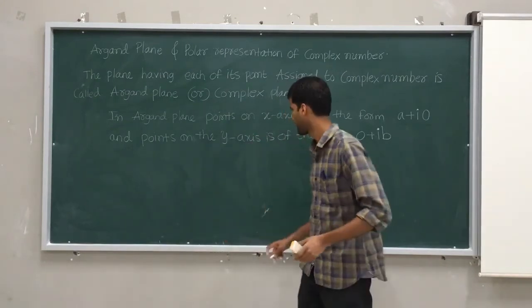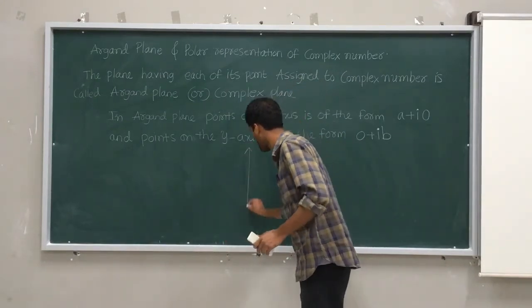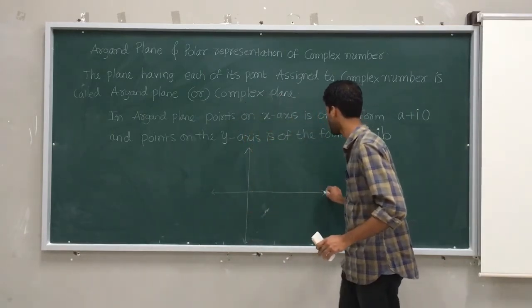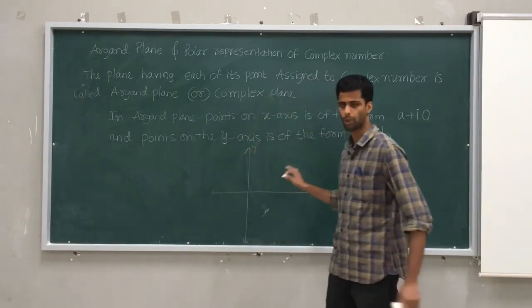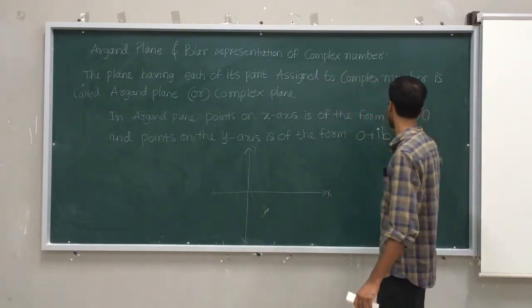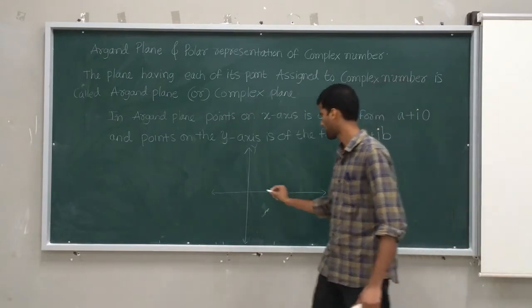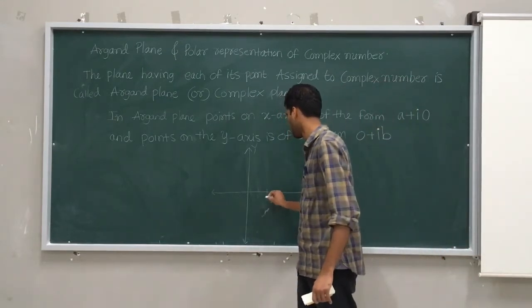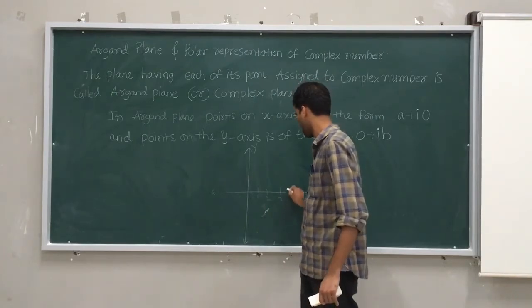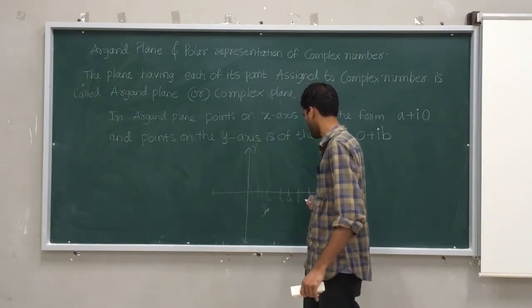So obviously the diagram will come in this way. This is the x-axis, y-axis. I take the positive part only. So on the x-axis, a plus i0 is again a only. Therefore, if I take 1, 2, it looks like 1 plus i0 is 1 only, 2 plus i0 is 2 only, 3, 4, 5, 6.